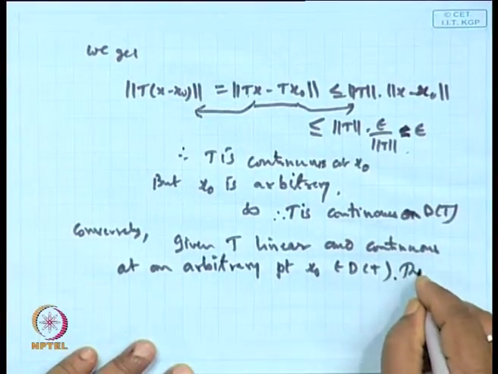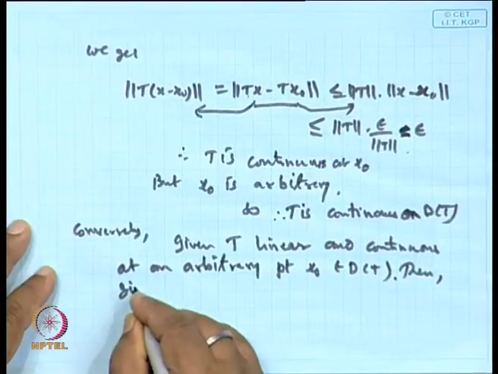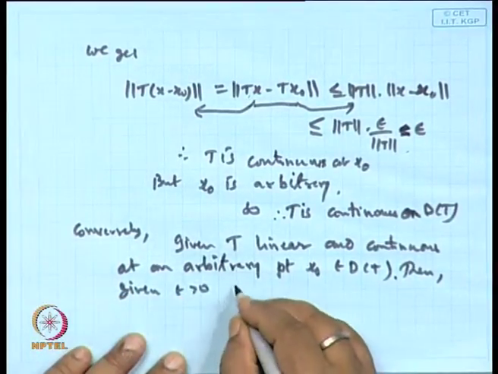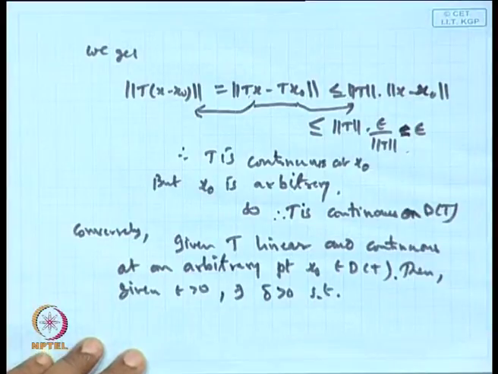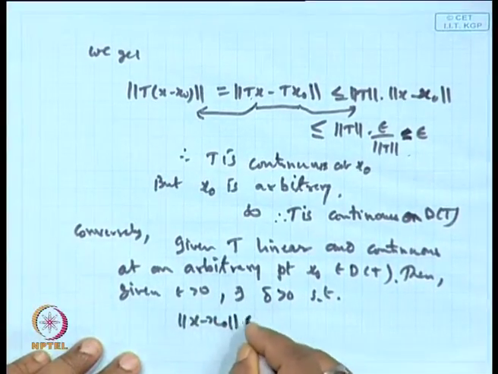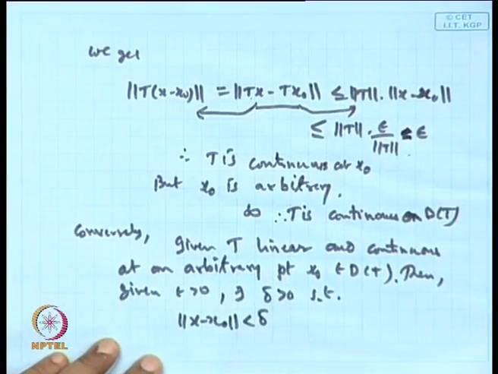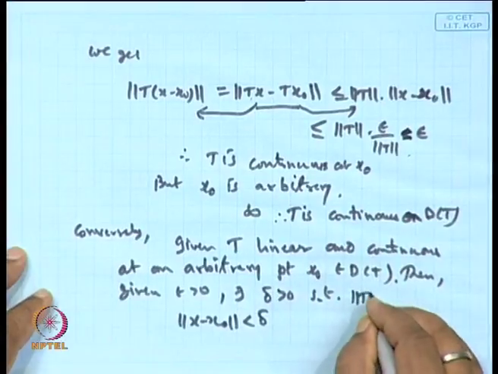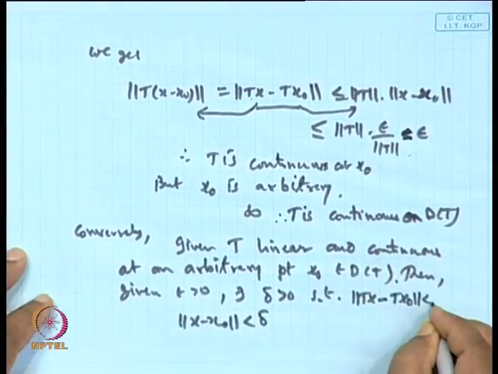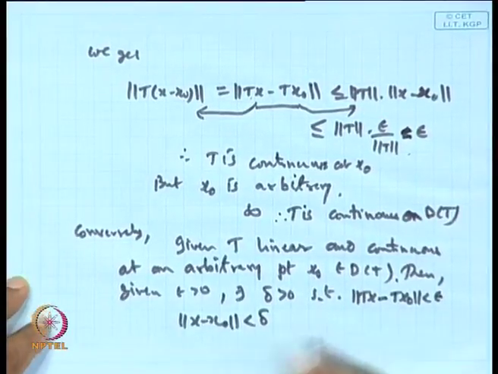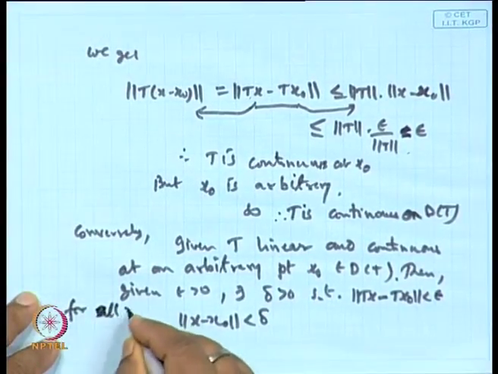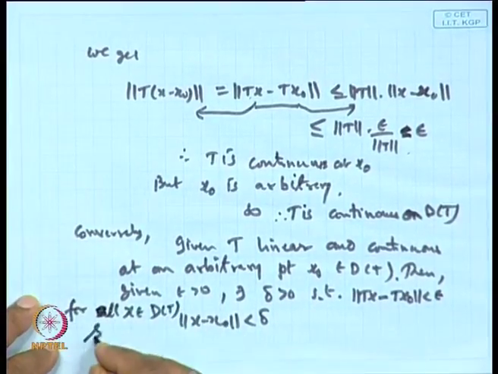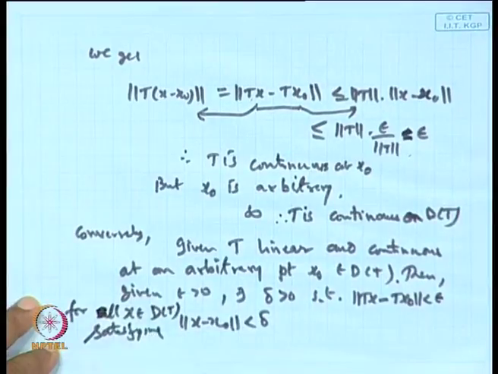So, by definition, then for given epsilon greater than 0, there will exist a delta which depends on epsilon, such that norm of T x minus T x naught is less than epsilon for all x belonging to D(T) satisfying this condition, norm of x minus x naught less than delta. This is by definition. Okay.